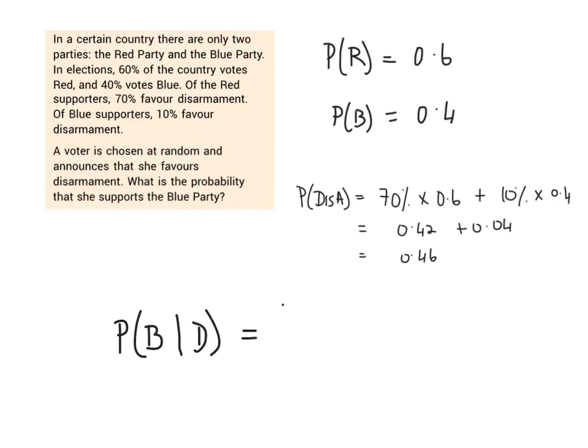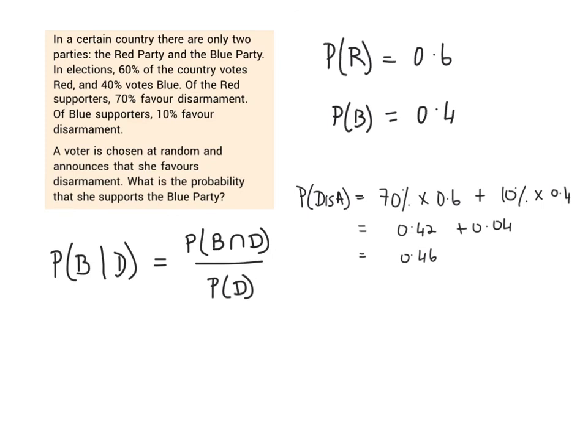That's going to be equal to the probability of B intersection D all over the probability of D. B intersection D we hadn't worked out on its own, well, we have actually, but just to write it down here, it is 10% of 0.4, which was 0.04.